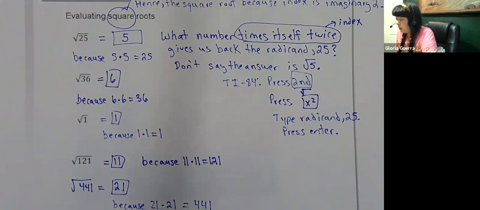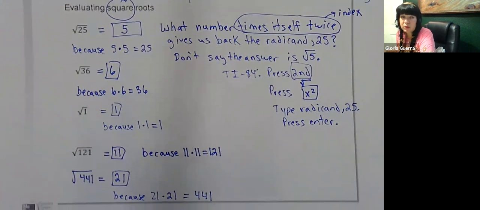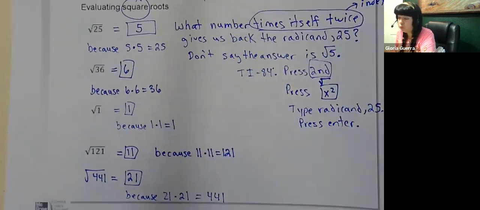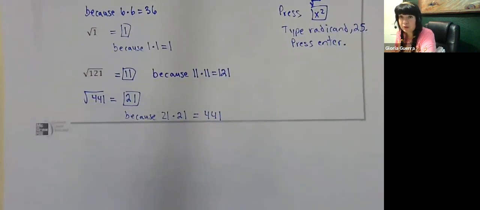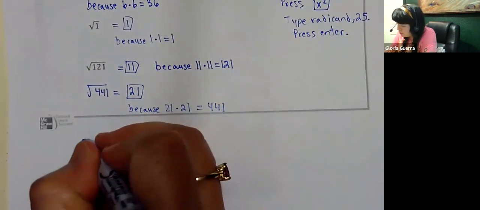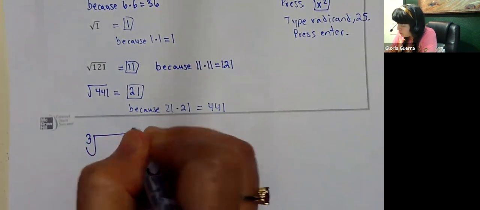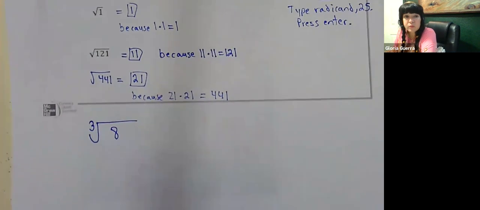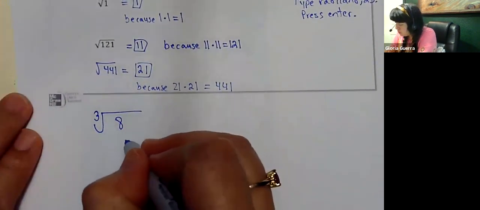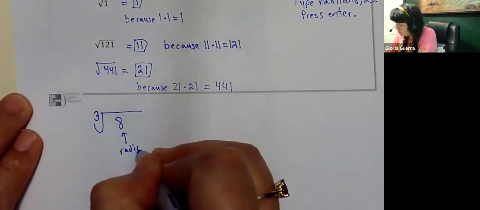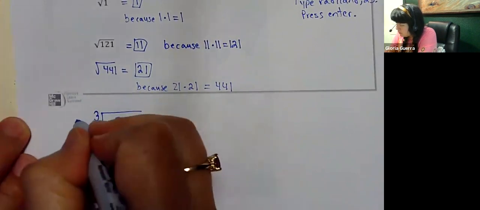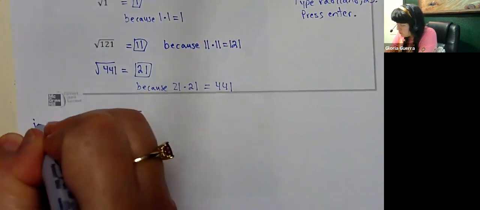Now I know you don't have cube roots in your homework for COREC, but I could show you one more just so you get the feel for these roots in case you have to take an intermediate algebra class. But suppose you had the cube root of 8. This is still called a radicand, and this is still called an index.